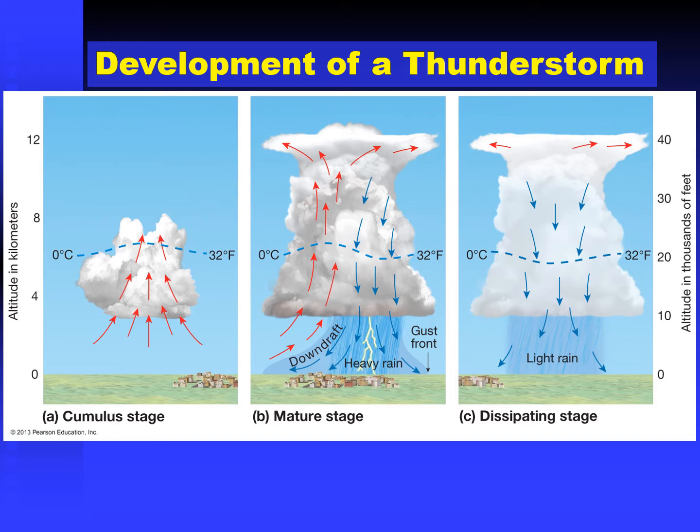But cumulus congestus means that you have some lifting going on and you're starting to build a taller cloud. So is it possible, with enough instability in the atmosphere, that a cumulus cloud could build into a cumulonimbus cloud and a thunderstorm? The answer is yes, absolutely, that can happen.